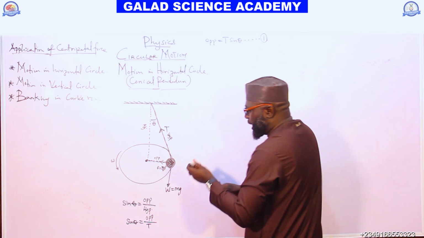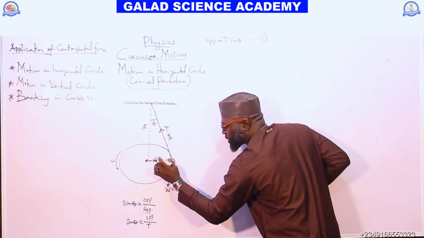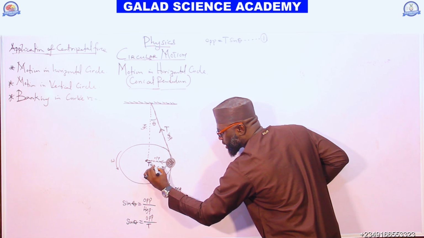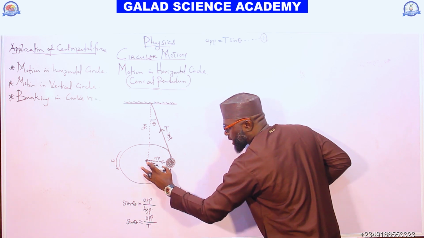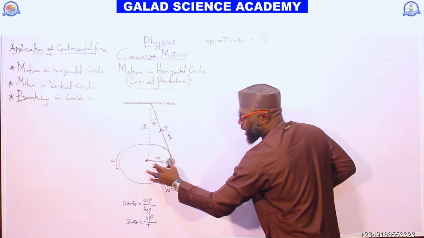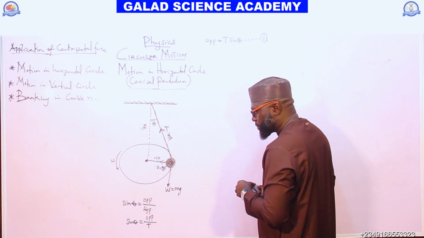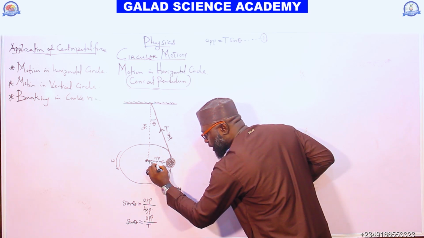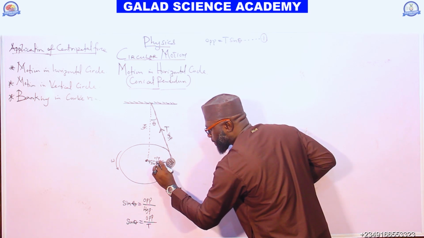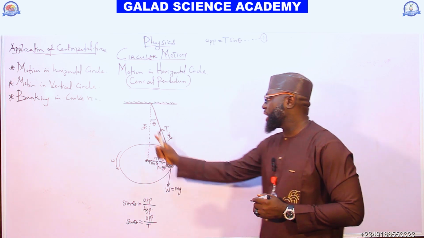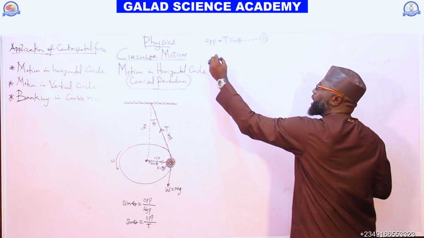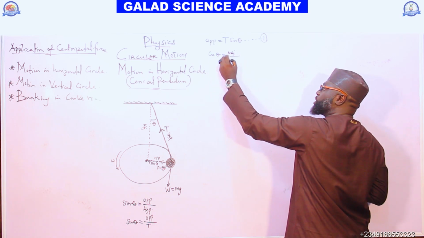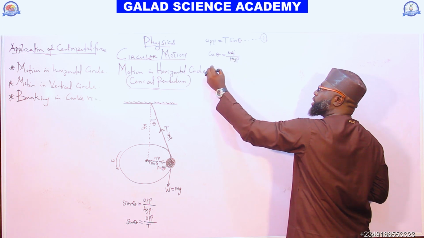So for the opposite here, we have T sine theta. Let us find the adjacent. Cos theta is adjacent over hypotenuse.